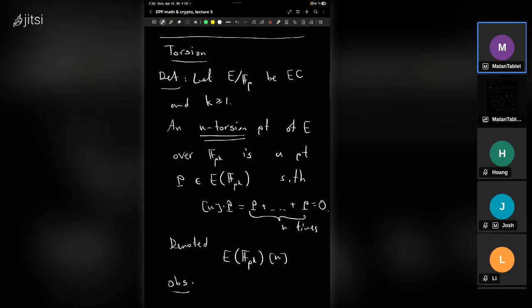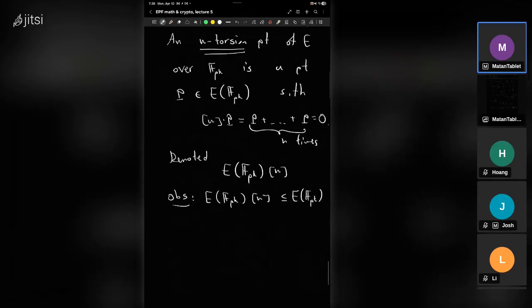And observe E(F_p^K)[N] is a subgroup of E(F_p^K). Why? Take 2 points, P and Q, that are N torsion points in E(F_p^K).